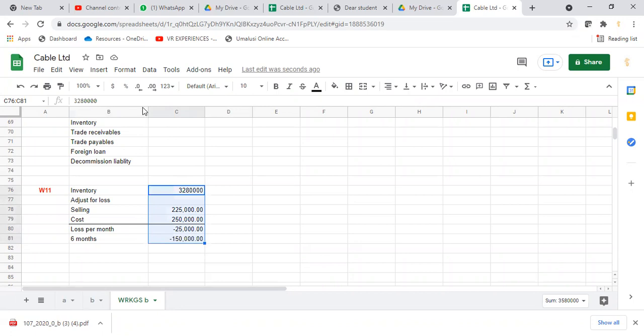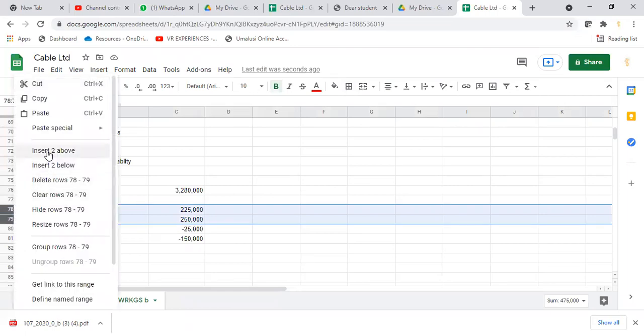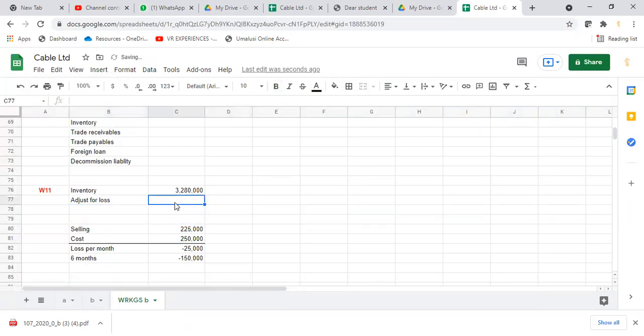So that means the inventory balance must be adjusted for 150,000 rand. So the loss is going to be 150. Therefore, the adjusted inventory balance that needs to be included as part of the CGU is as follows.